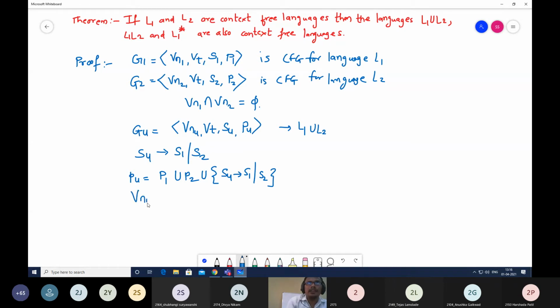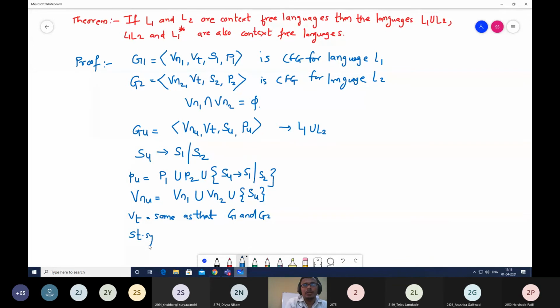What will be our VN and VT? Non-terminals: all the non-terminals of the first grammar, union all the non-terminals of the second grammar, union the additional non-terminal that we have taken for union, that is SU. Terminals will be the same as those of our grammars G1 and G2, correct?